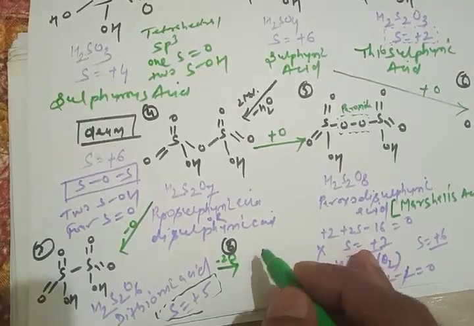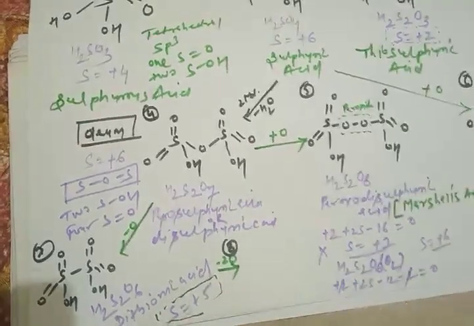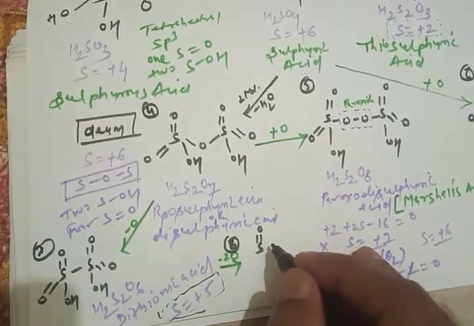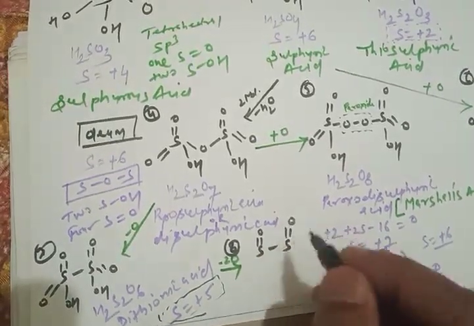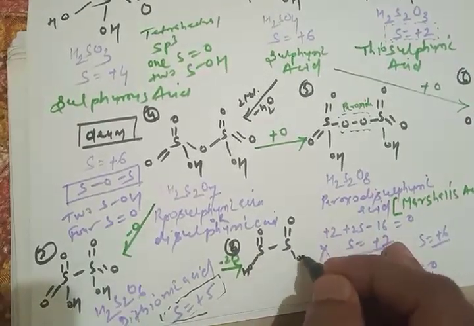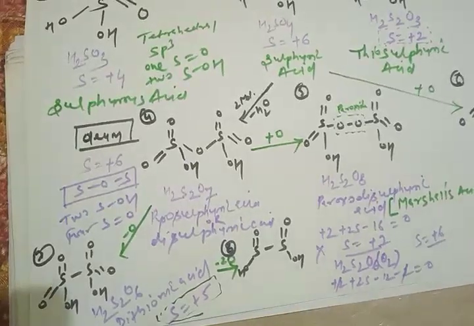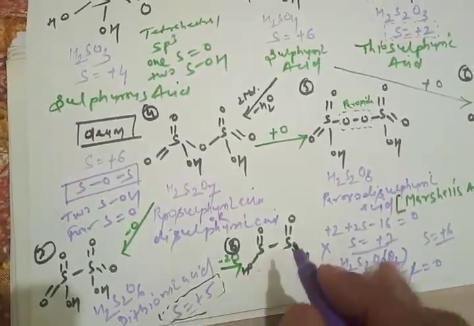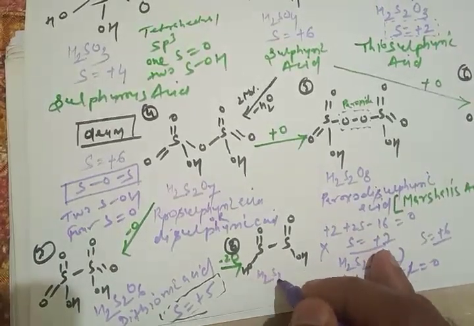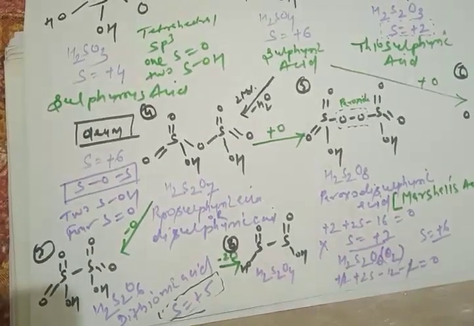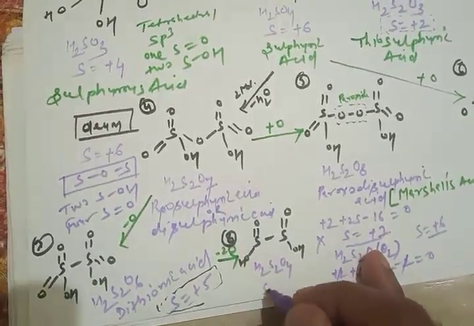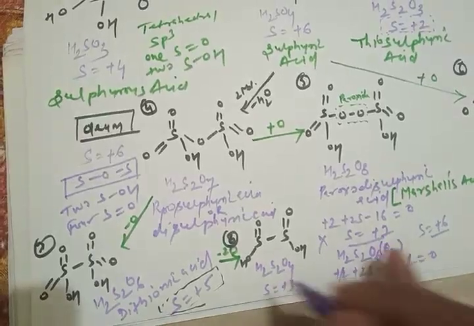So what will happen? The structure is S double bond O, then S double bond O, then this will give you OH and OH. So the formula, by removal of 2 oxygen, is H2S2O4. And here if you calculate the oxidation state, this will give S equals to plus 3.